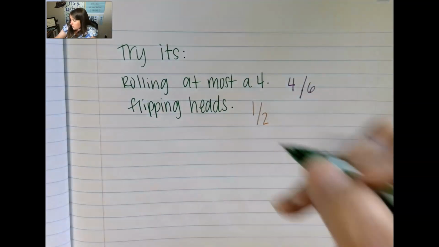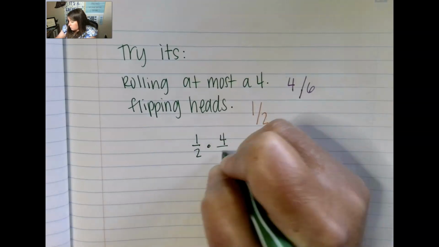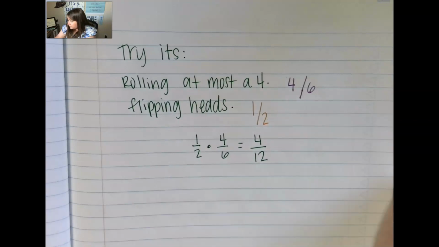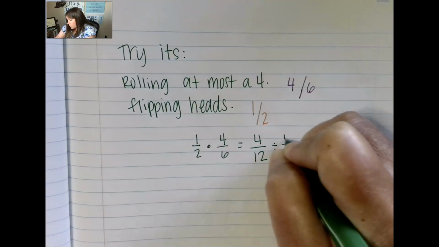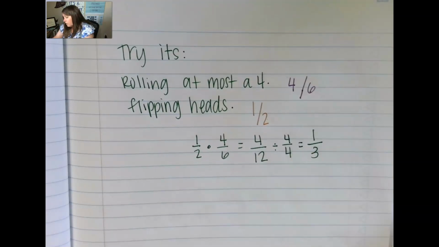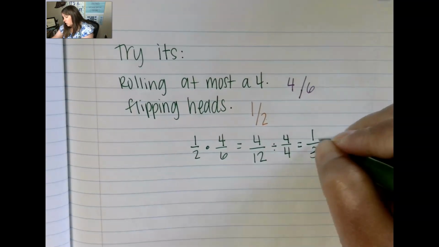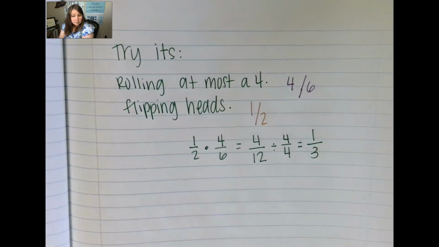I'm now going to put these two together. So I'm going to go 1 over 2 times 4 over 6. This equals 4 out of 12. I can reduce this by 4. And this gets me to be 1/3. So 1/3, I can multiply to get to 100, or I can do 1 divided by 3 because that's also what that line means.